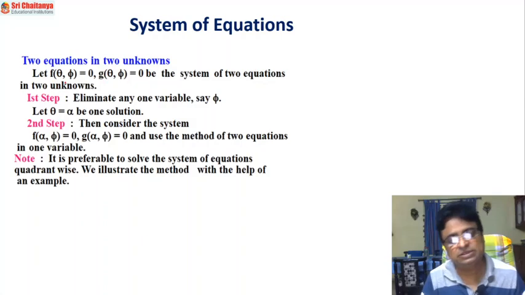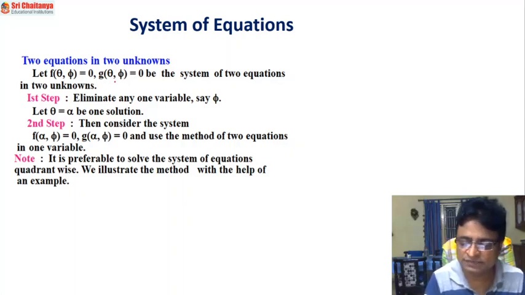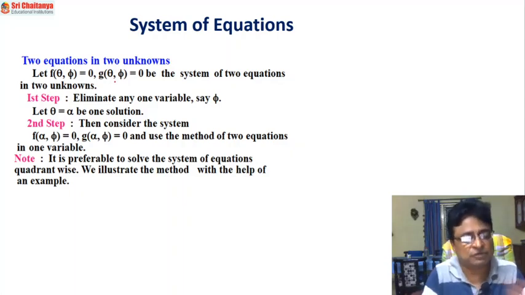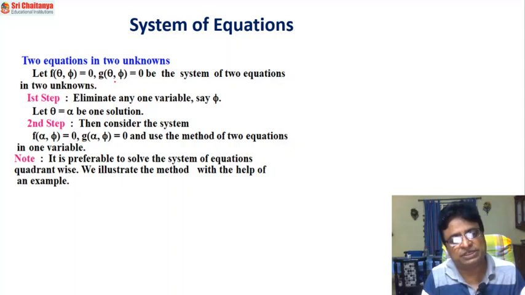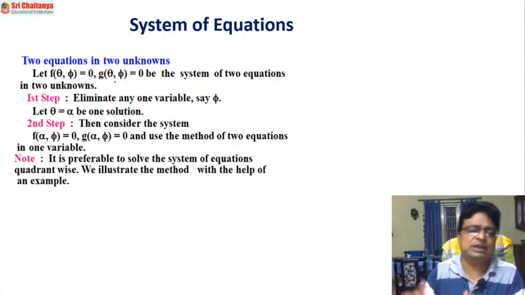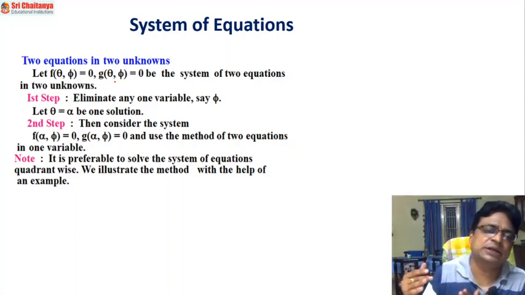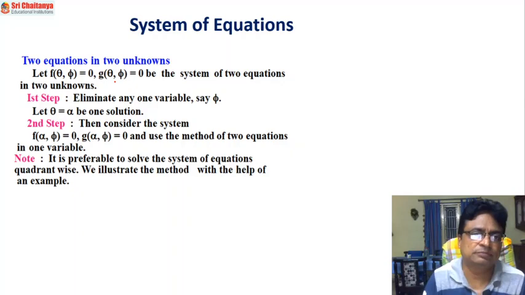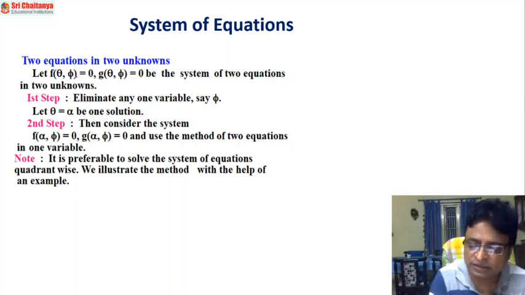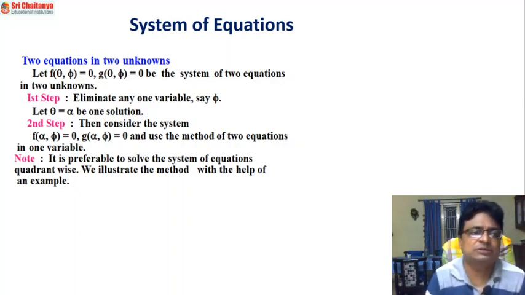In the previous, two equations with one unknown, a single variable. But here, two equations with two unknowns. Of course, three equations with three unknowns, four equations with four unknowns, slowly we can increase the standards and depth in the models also. But at present, we are concentrating on two equations in two unknowns.